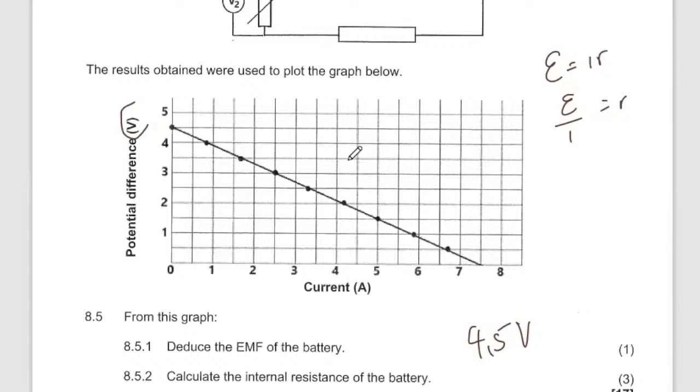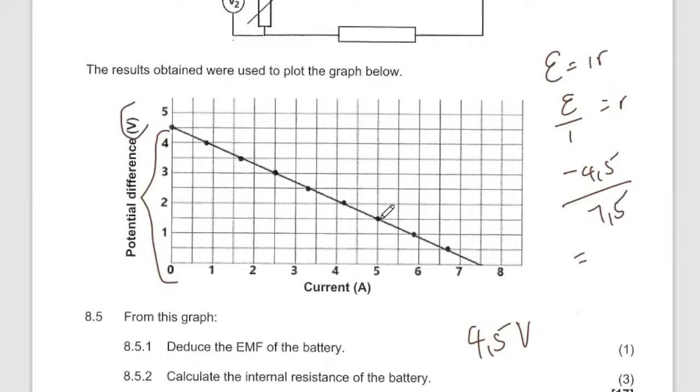So considering the change from there up to there, the gradient is going to be negative 4.5, because going from 4.5 to 0 gives 0 minus 4.5, which is negative 4.5. Then I'm dividing by 0 to 7.5, which is positive, so I'm going to get a negative answer.